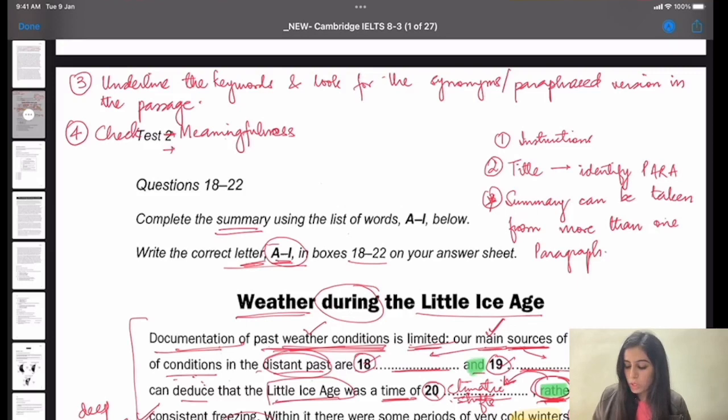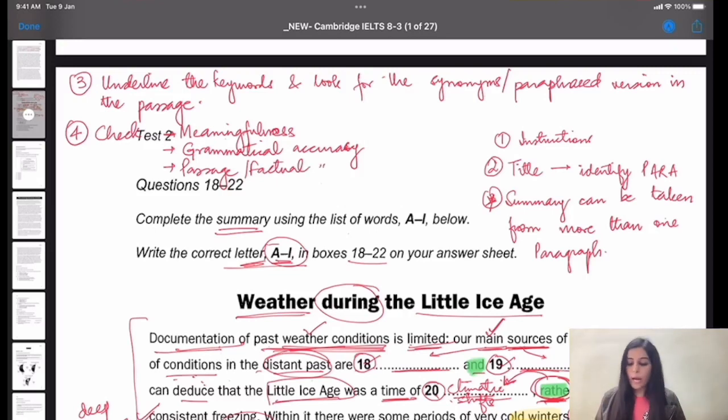Number two, grammatical accuracy, whether the sentence is grammatically correct. After you put that particular word in the blank, is it making sense or not? So grammatical accuracy. And last is verify it with the passage, factual accuracy.